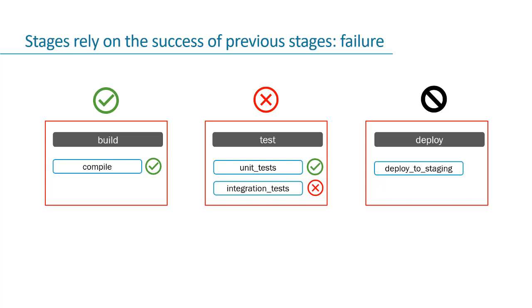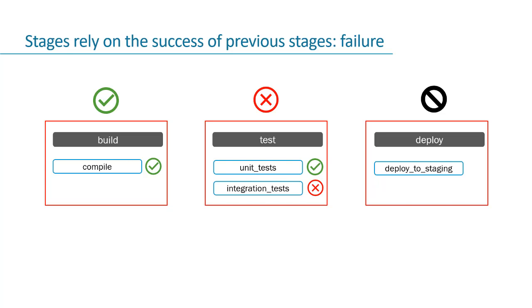There is no real meaning for it to run. You don't want to publish software that fails the integration test. Of course, you could configure some of the jobs and the stages to allow the failure, but by default, that's not the case.